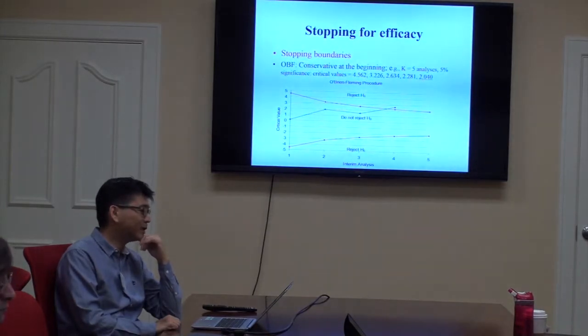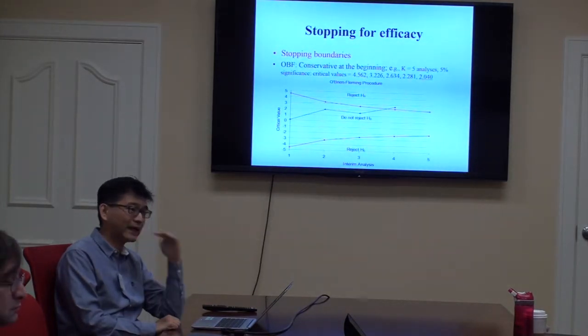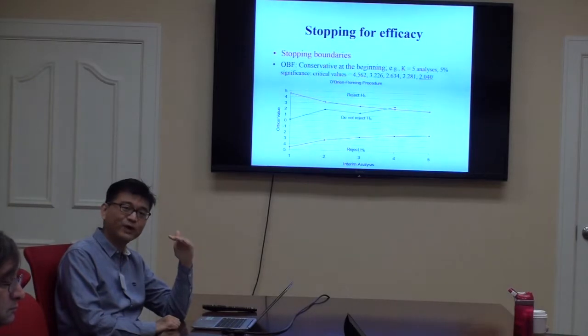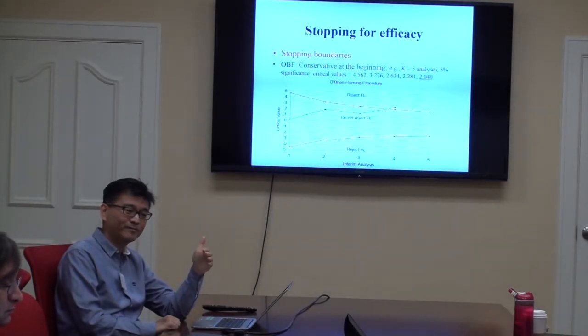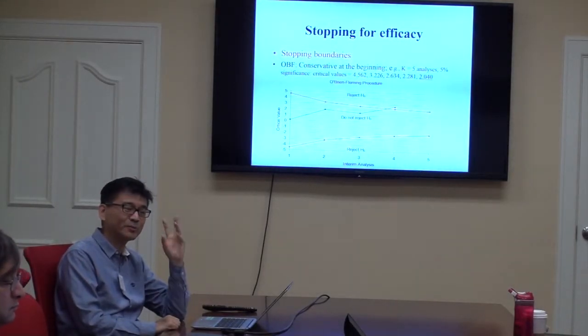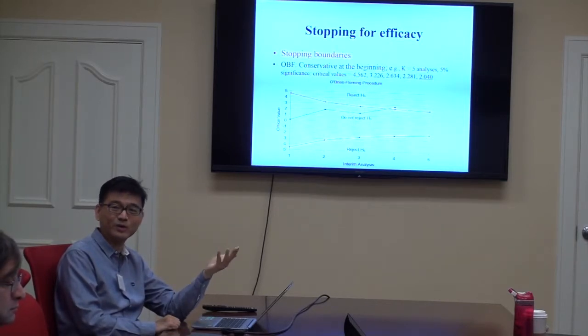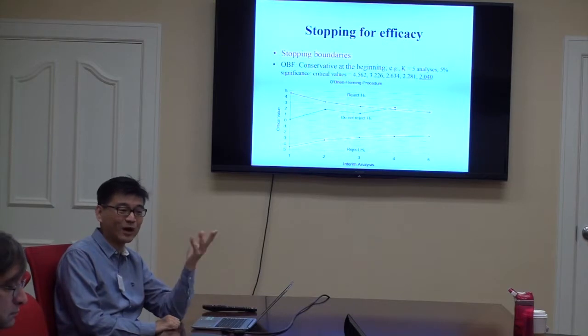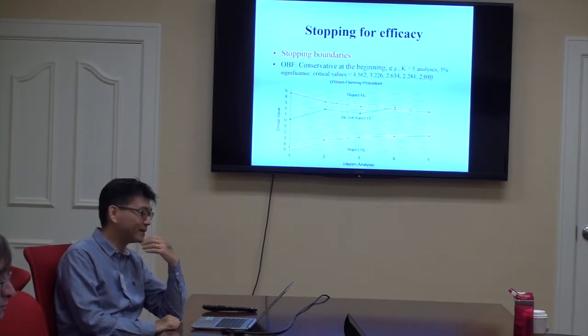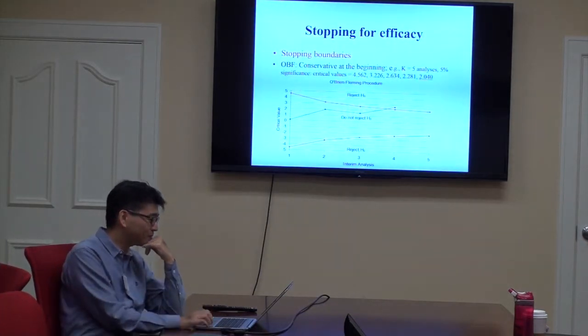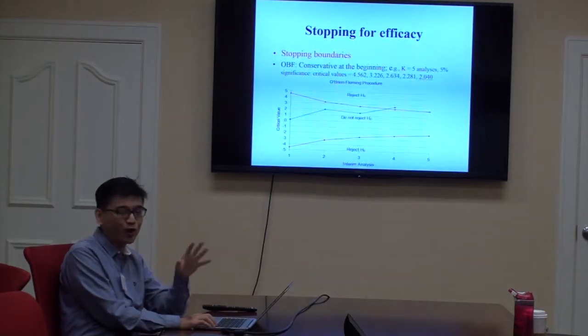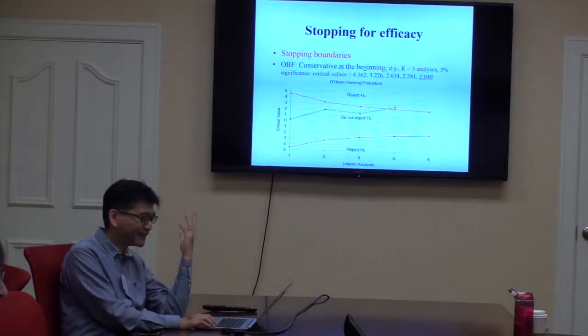I usually like to use 3 or 4, so that at the final analysis, if you get a Z value of 2, you'll be able to reject. This is sort of my rule of thumb. It's as arbitrary as why we reject the null hypothesis at 5%, I don't know, but this is the way that I like to do it. But it's not wrong if you have 7. They did it in the 80s.